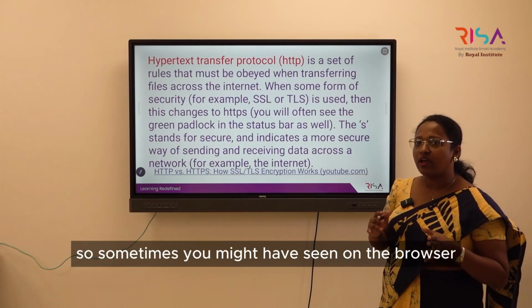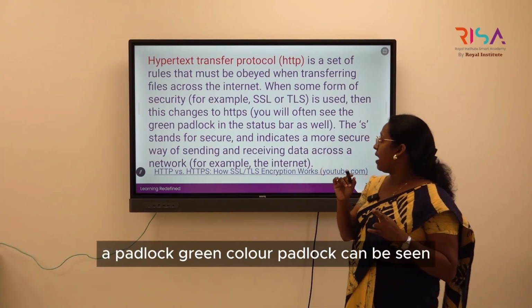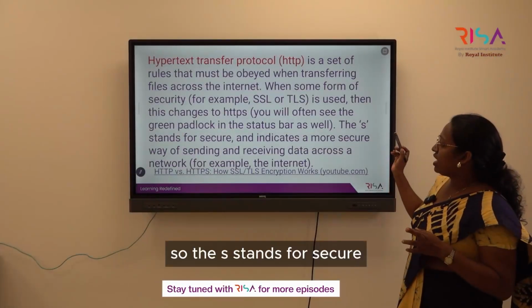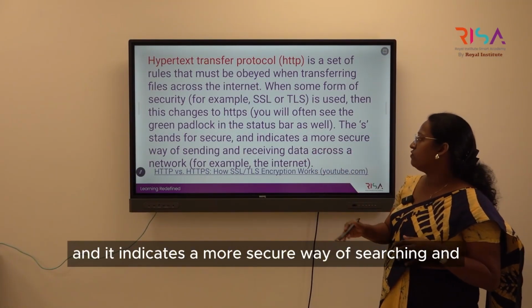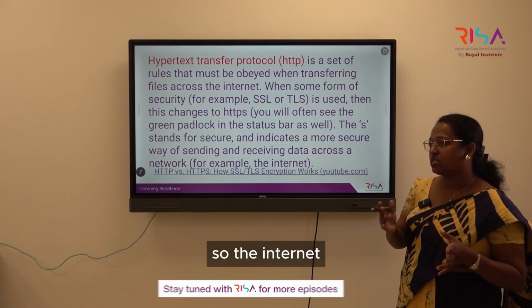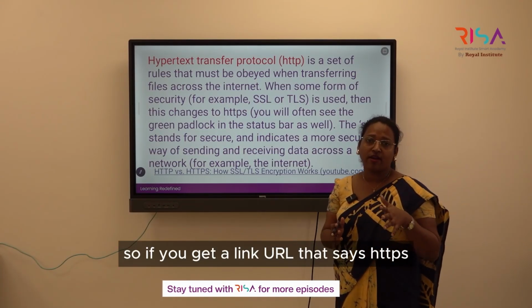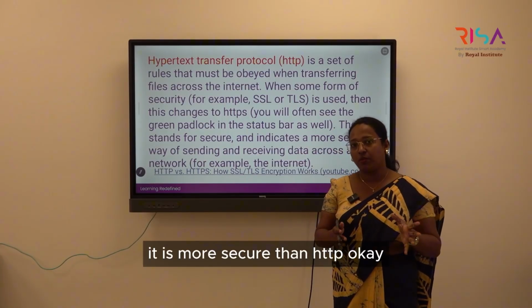Sometimes you might have seen on the browser a padlock, a green color padlock, right? The S stands for secure, and it indicates a more secure way of sending and receiving data across the network, the internet. So if you get a link URL that says HTTPS, it is more secure than HTTP.